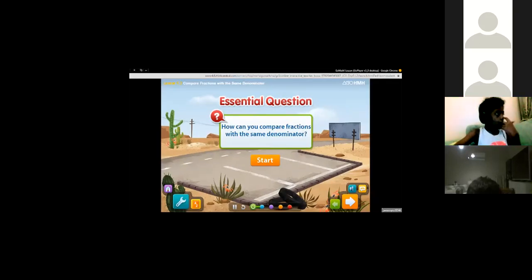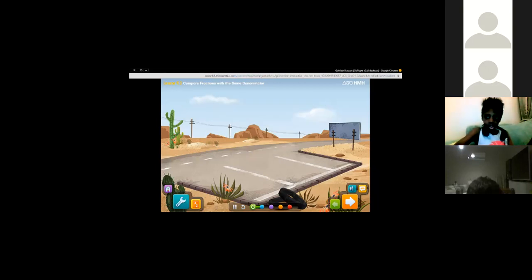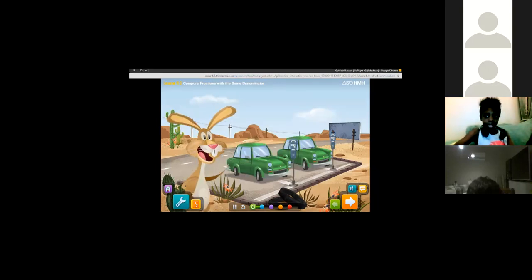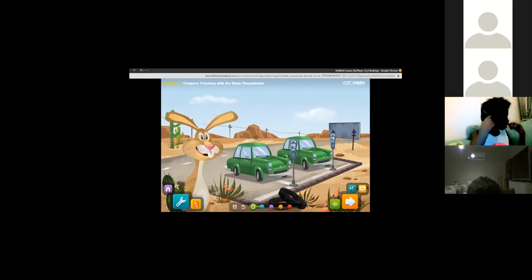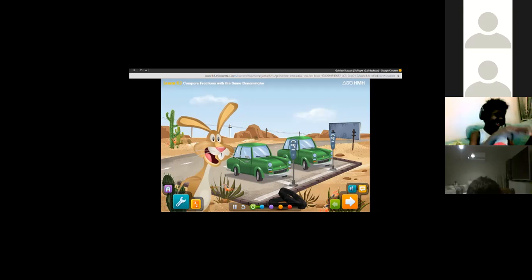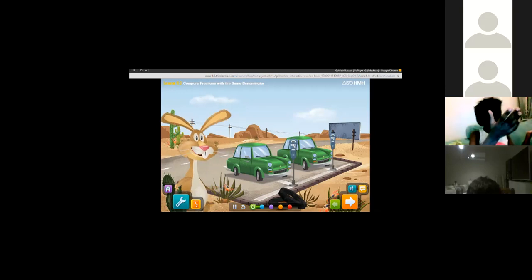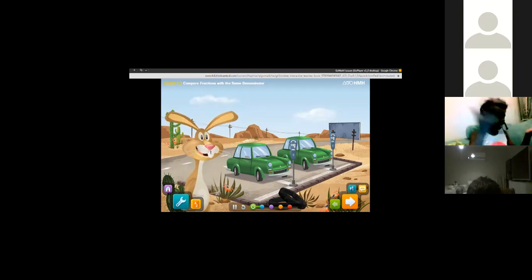How can you compare fractions with the same denominator? Hi there. Welcome to the parking lot. And look at these two colorful cars. Click a parking meter to see how long each car has been parked here.